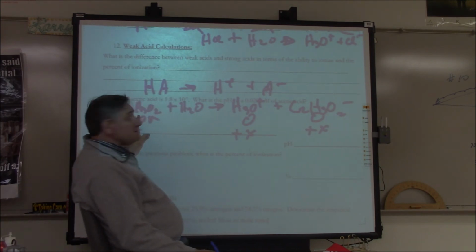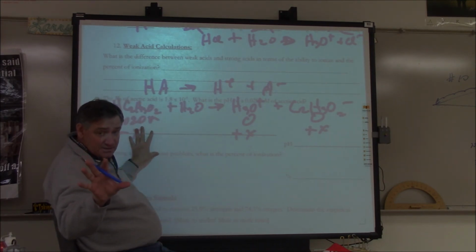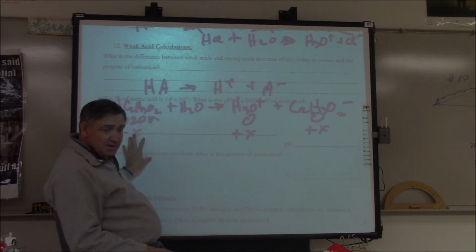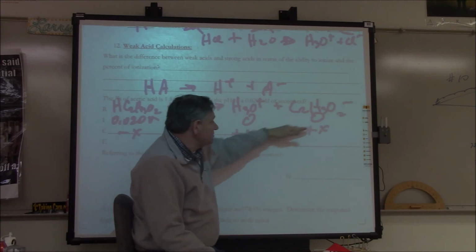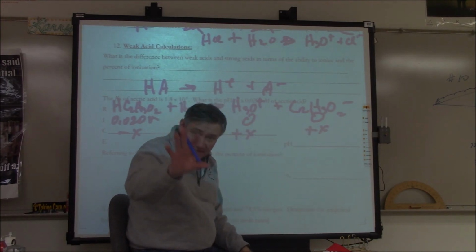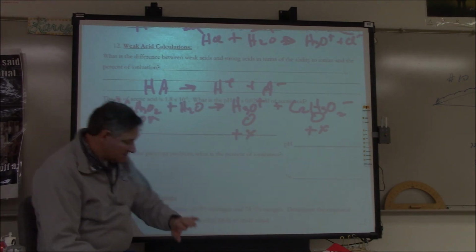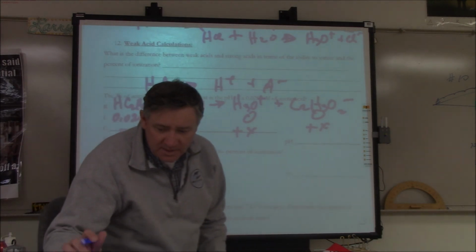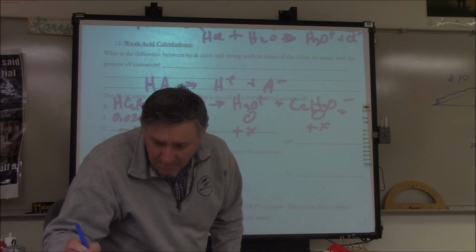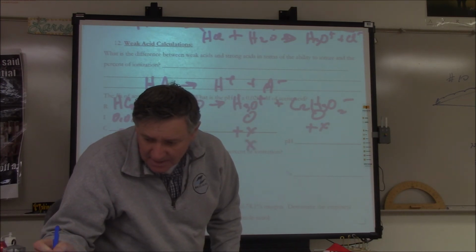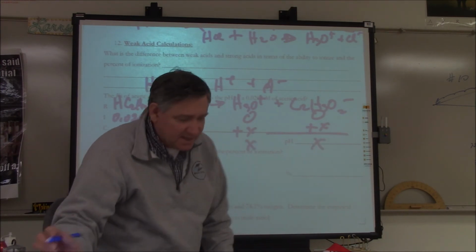This is why I'm going to make you memorize the strong acids. So if it had been a strong acid, I'd go minus 0.02, plus 0.02, plus 0.02. But it's a weak acid. So this is just going to be X. So this is going to be 0.02 minus X, X, and X.